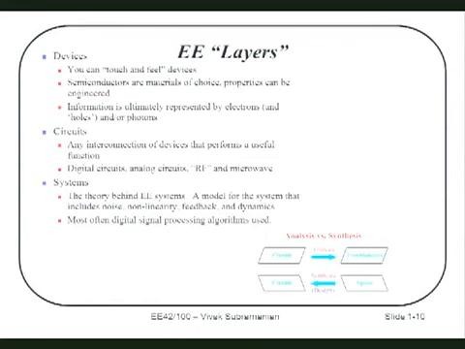The devices class would be, for example, EE 130. In the devices class, you learn about how individual devices work, such as transistors. You'd learn about how electrons and holes move around, or photons, and how individual components work.